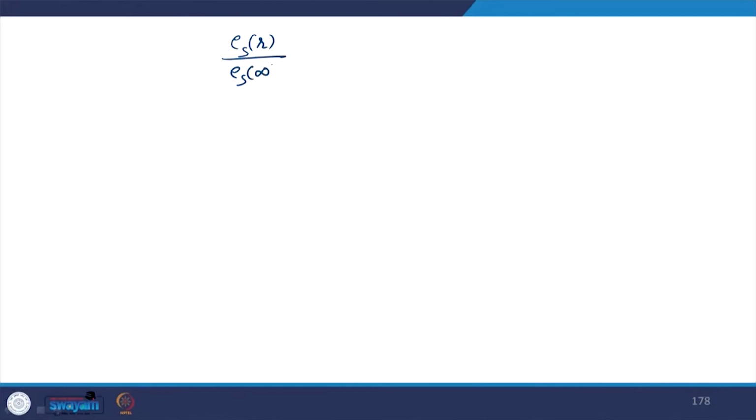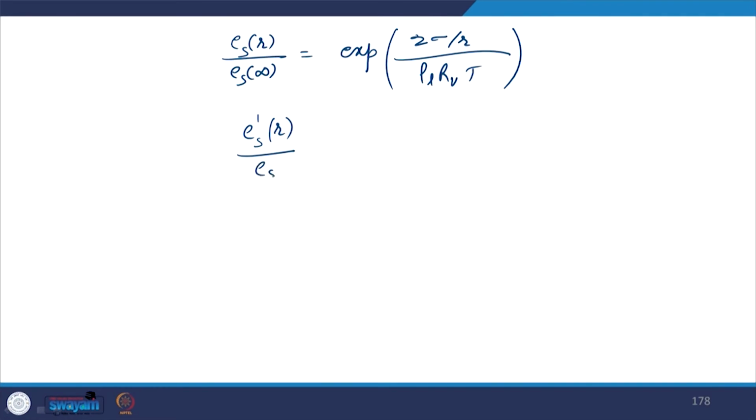Let us write Kelvin's equation: Es of R by Es of infinity is equal to exponential of 2 sigma by R divided by rho L Rv T. And the solute effect: Es prime of R by Es is 1 minus i ms 3 mw divided by 4 pi rho L ms. So what is this doing?